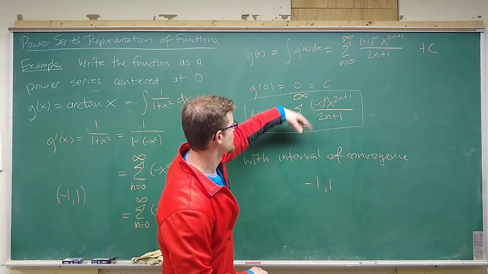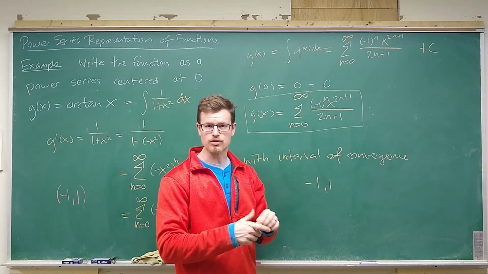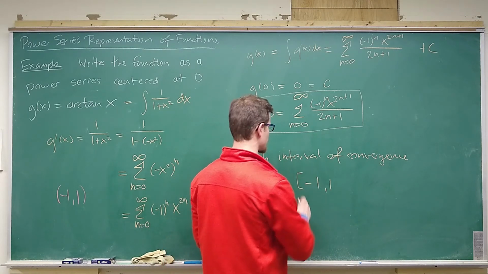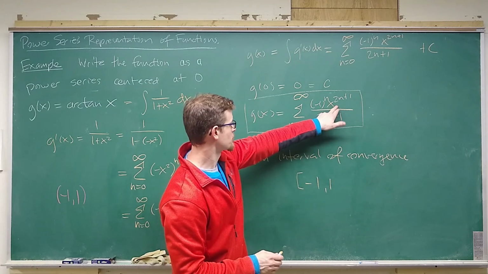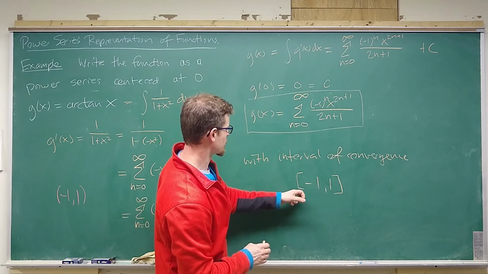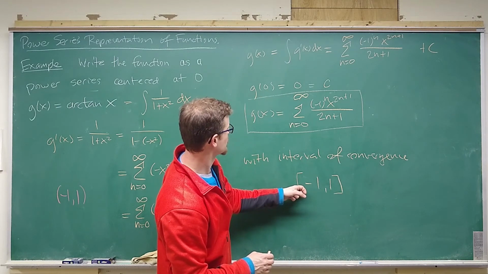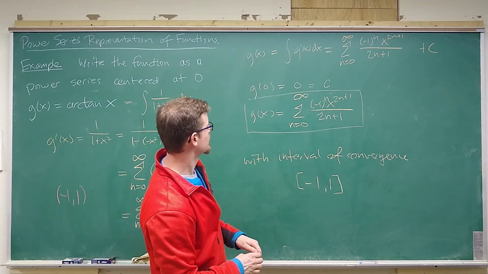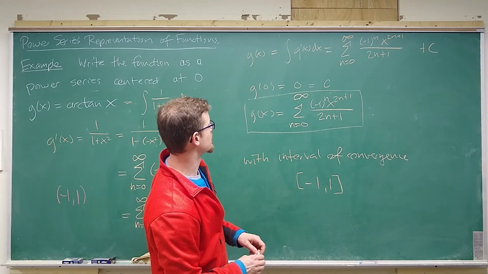So we have some sort of a version of the alternating harmonic series. So it appears that that should actually converge. And the same is true at 1. So it looks like we're actually going to get convergence at negative 1 and 1 here.